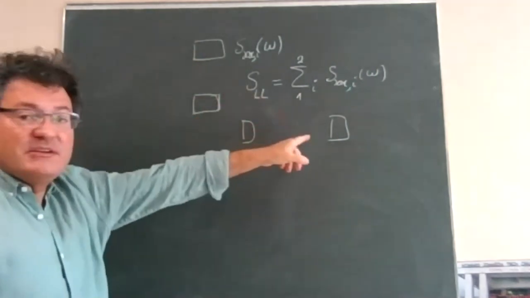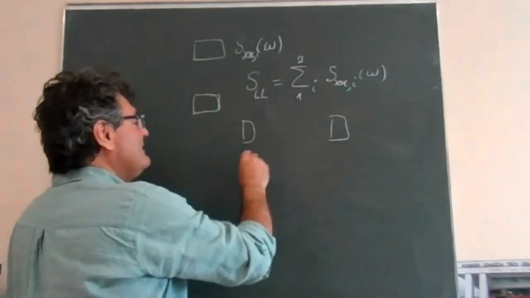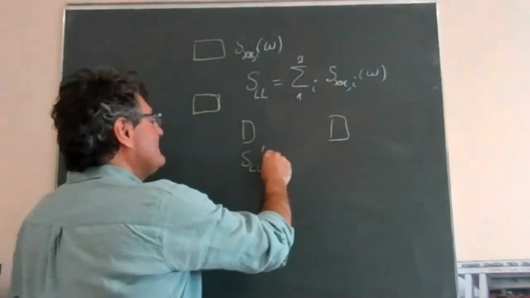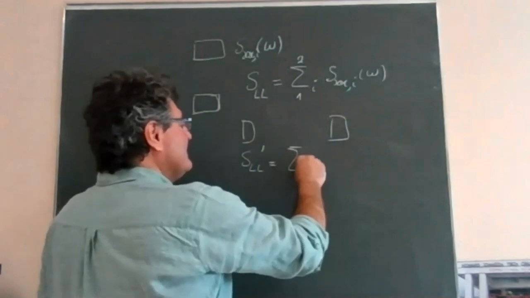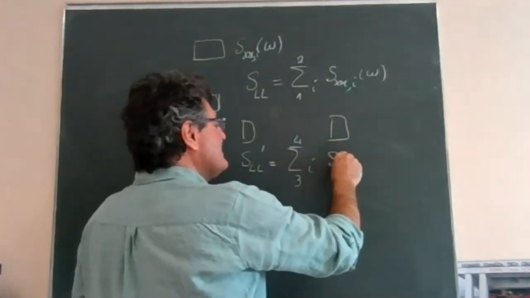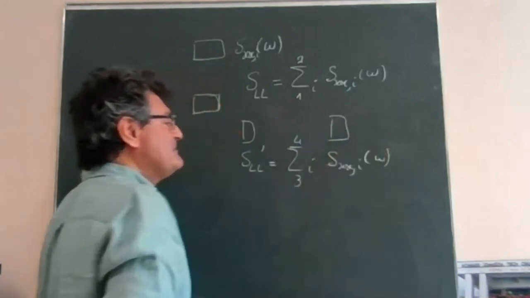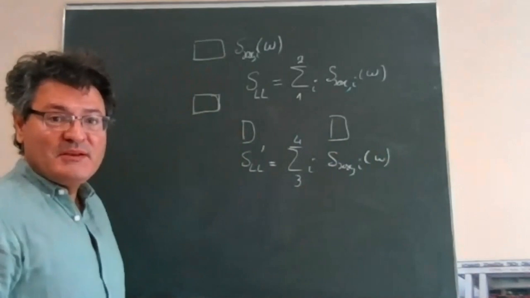An equivalent noise will be there: S_LL prime will be the sum from i=3 to 4 of S_xx,i of omega.